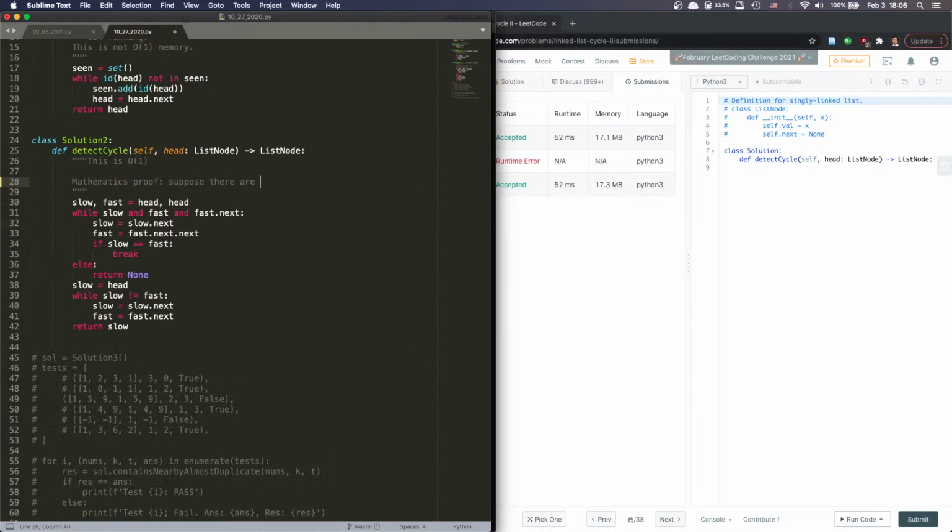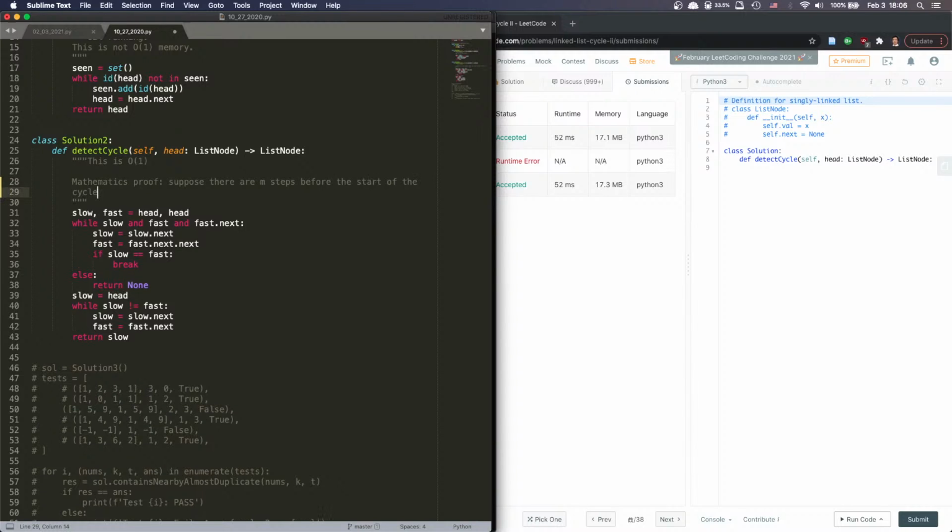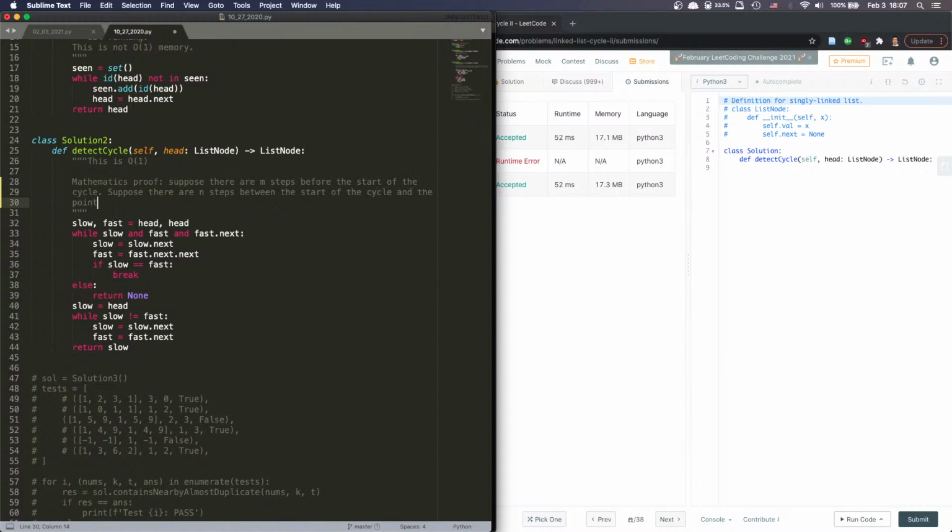Suppose there are m steps before the start of the cycle. Suppose there are n steps inside the cycle, between the start of the cycle and the point where the slow and fast nodes first meet.